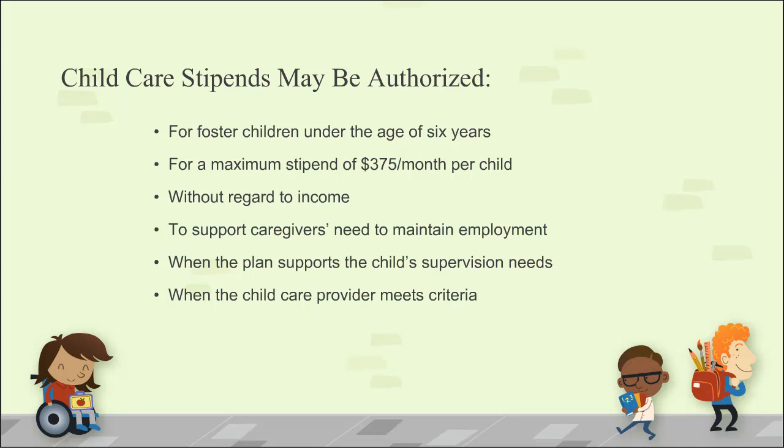The child care stipend is, however, specific to working foster parents. The purpose and the need for the child care is for the caregiver's need to maintain employment. Again, we have to make sure that the daycare plan meets the child's supervision needs, and the child care provider needs to meet the criteria that we will go over in more detail, but they need to be licensed or approved or listed.